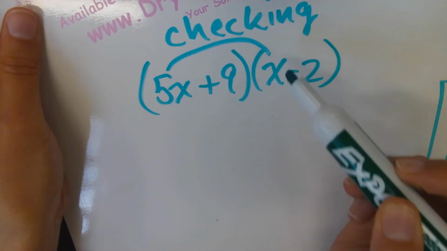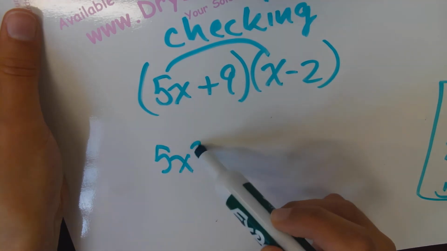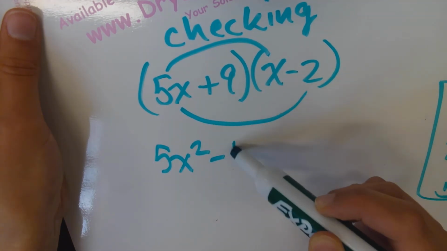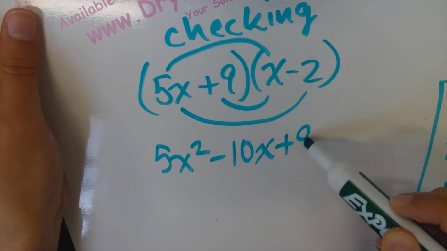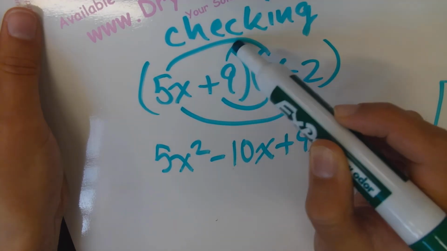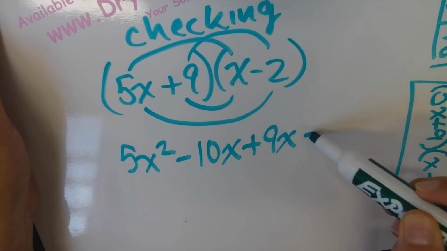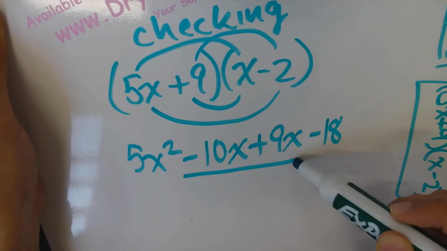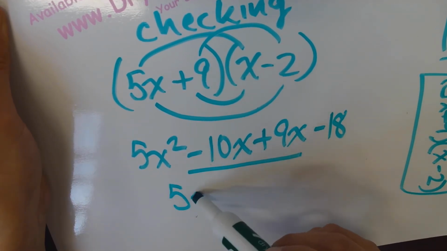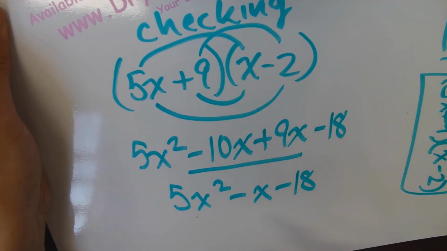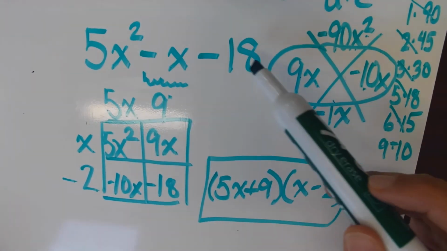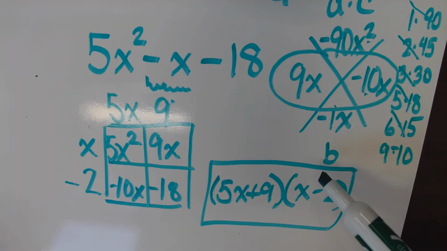Okay, 5x times x is 5x squared. 5x times negative 2 is minus 10x. 9 times x is plus 9x. 9 times negative 2 is minus 18. Combine my like terms here. I have 5x squared minus x minus 18. And this is the same thing that I started off with here. So this is our answer in the factored form.